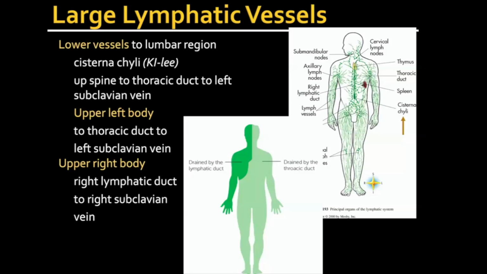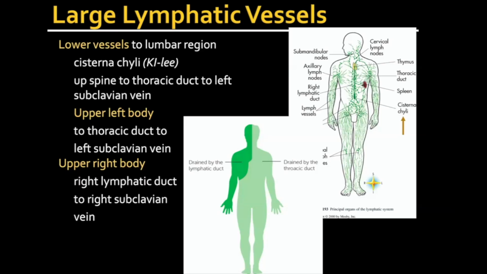So here's the funny part. And I tell you what, I looked everywhere last night to find out why, and I could not find a single reason. So if you look at the picture on the bottom, you'll see that lymph fluid coming from the right side of the head, the right shoulder, or the right chest quadrant, I guess, and the right arm, those all drain into the right lymphatic duct, into the right subclavian vein.